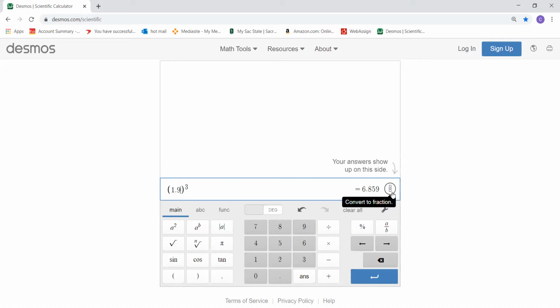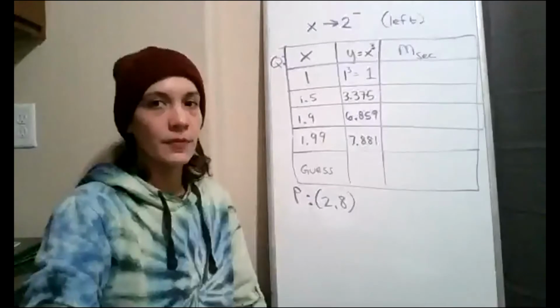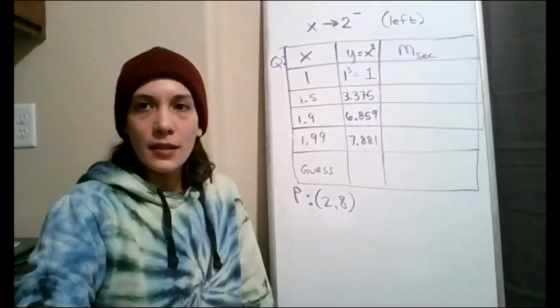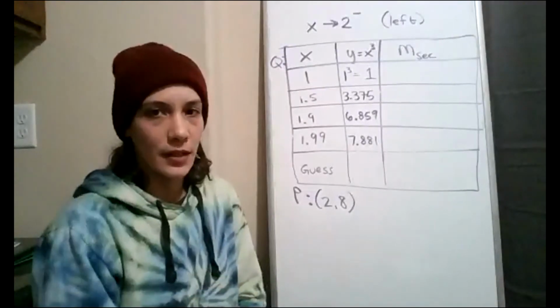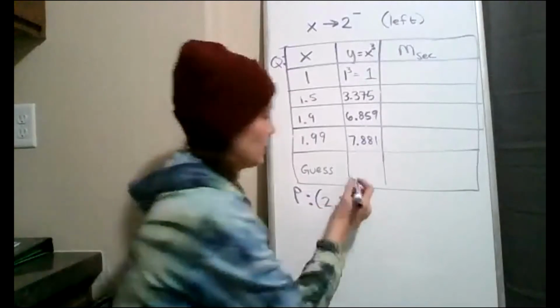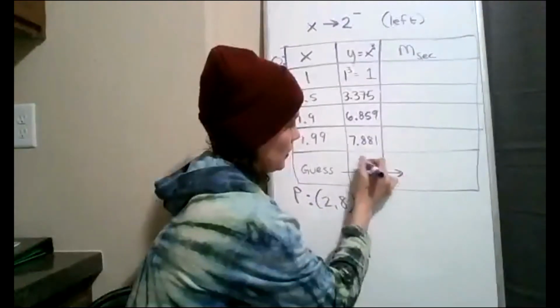And then 1.99 cubed is 7.881. And we're good. So we're going to skip this part and we'll get there soon.